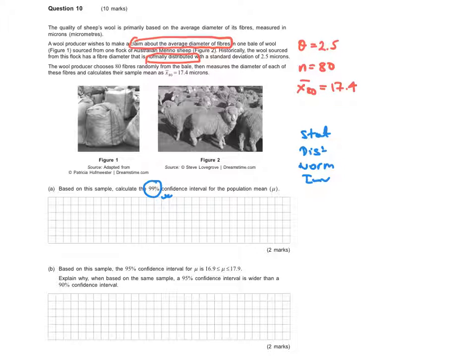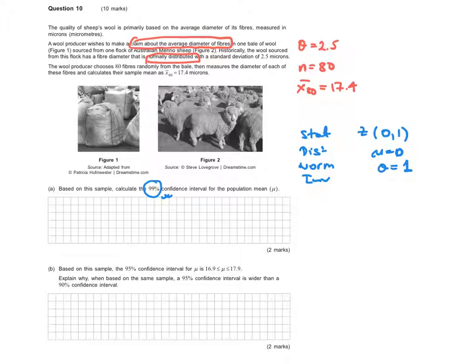So for Z it is always mean 0 and standard deviation 1. Execute and it's going to give you the Z value for a 99% confidence interval, which is 2.58.